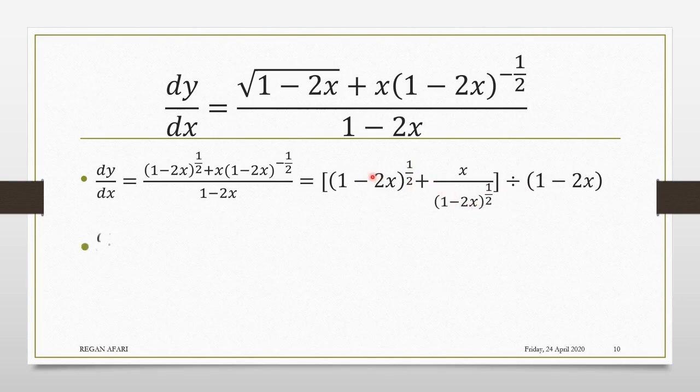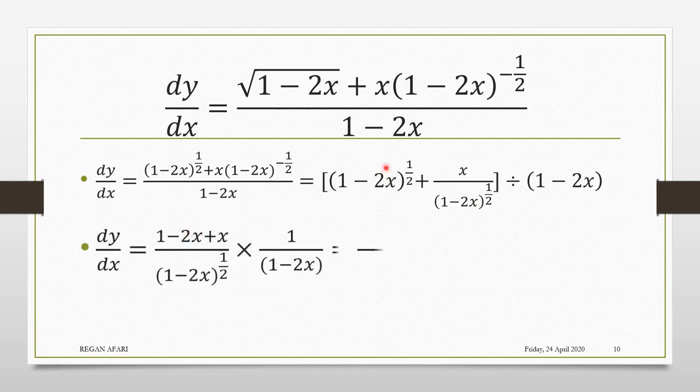Okay, so this is what we have. 1 minus 2x all raised to the power half times 1 minus 2x all raised to the power half will certainly give you 1 minus 2x. Okay, then this is over 1. So that 1 times the x is still x. All right, then you multiply the denominators. So this over 1, so 1 times this is the same thing.